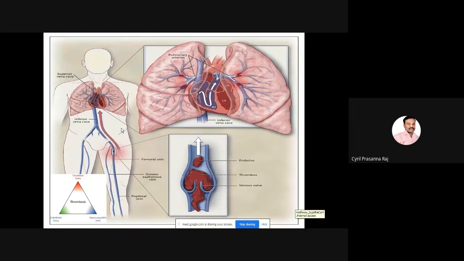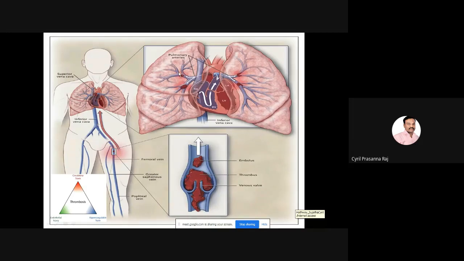Now see what happens. A small blockage can occur in the leg, and the blood clot will travel through to the heart. From the heart it goes to the lungs, and then your entire lungs may get blocked because of the blood clot. The small clots we call emboli.